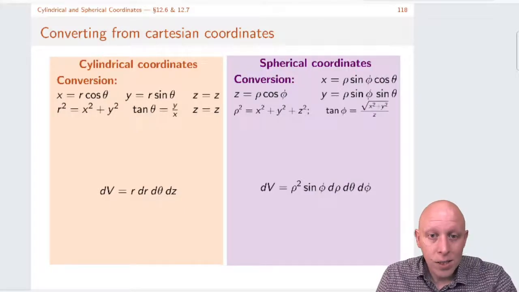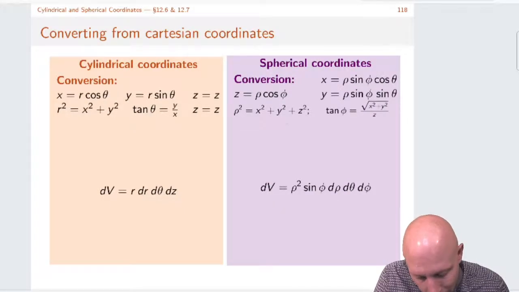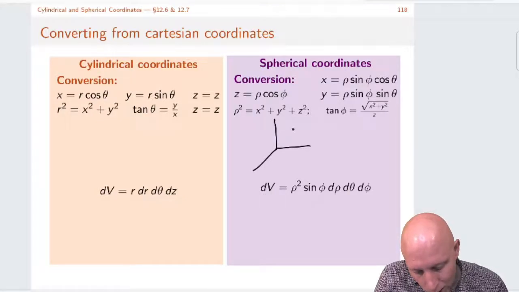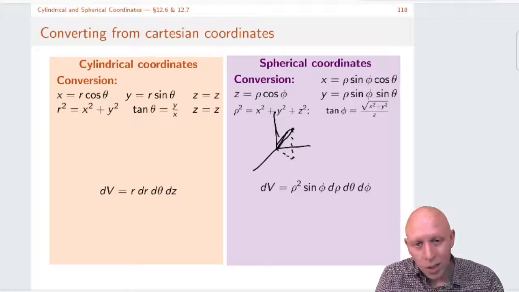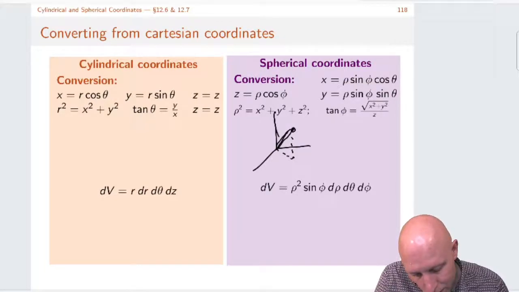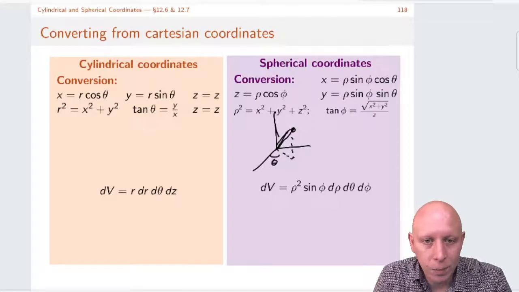All right, so now let's go back and draw our picture about our point. We project our point down into the plane, and then this is theta.